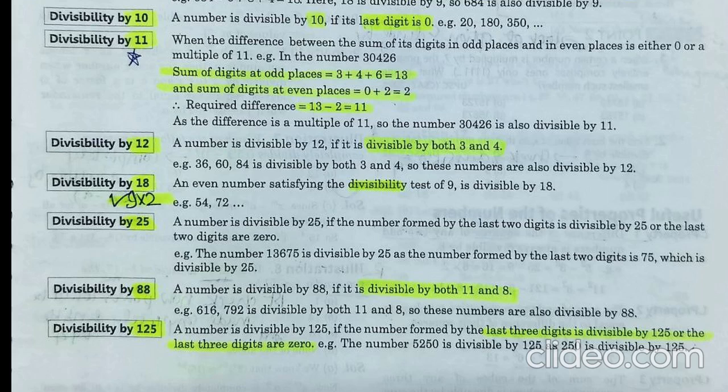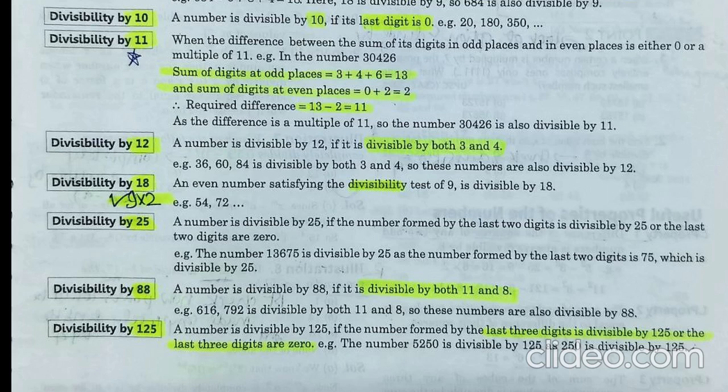For example, 4, 5, 3. Add those digits, you will get 12. Now 12 is divisible by 3, yes, 3 4s are 12. So that's why we could say that the number 453 is divisible by 3.